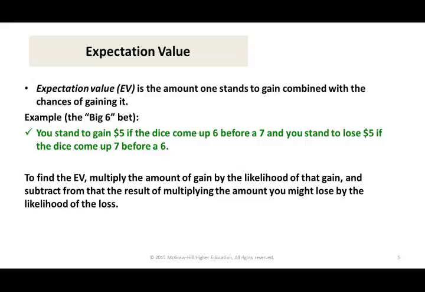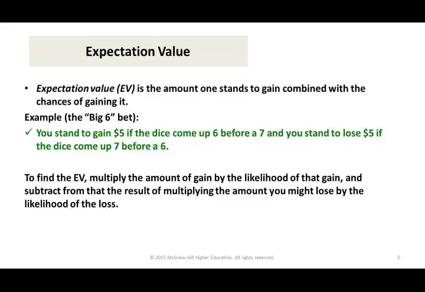But the odds that you'll roll a 6 and the odds that you'll roll a 7 are not the same. In fact, more than likely, you will roll a 7 before a 6. Why? Well, this is all the stuff we've talked about.